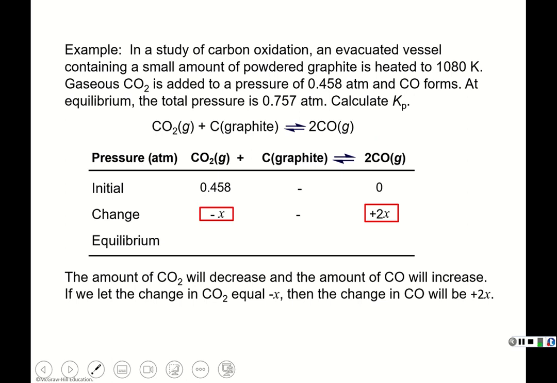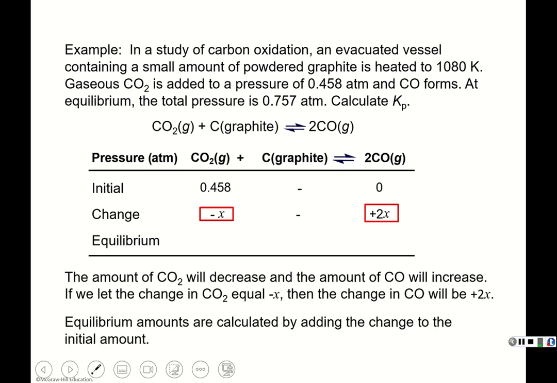And carbon monoxide we're going to be gaining, so it's a positive value, 2 times the amount that we lose of carbon dioxide, so we write in plus 2x for that change. Then for the equilibrium amounts, we just add the initial and the change together, and that's how we get the amount at equilibrium.